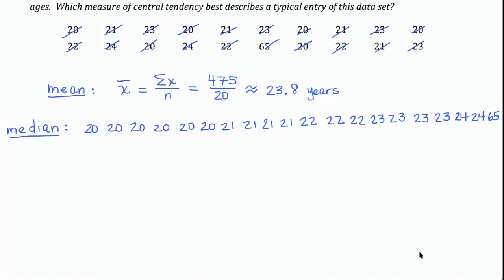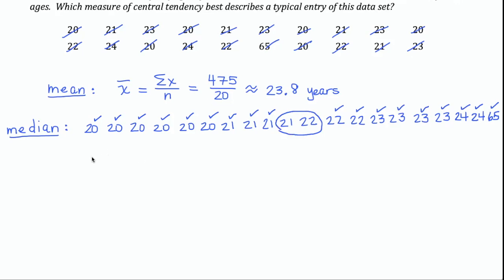Now to find the middle, it's easiest just to cross off or check off one piece of data from each end, working your way in towards the middle. Once you finish that process, you'll notice you will either have only one number in the middle, in which case that is your median, or like in this situation, you'll have two middle numbers.